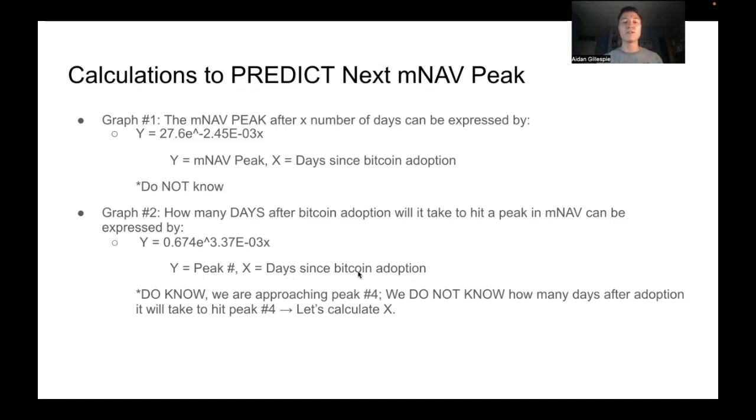Again, we don't know the days it will take to get to that fourth peak number, but we know that based on that model, we had three peaks. We are approaching that fourth peak. So Y in this equation for Model 2 would be equal to 4. And from there, we could figure out how many days since Bitcoin adoption it would take to reach that fourth peak based on Model 2.